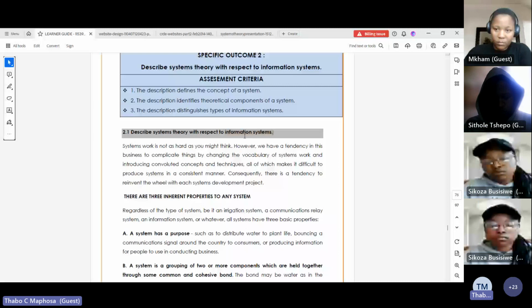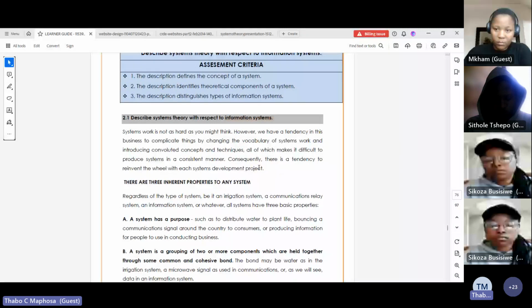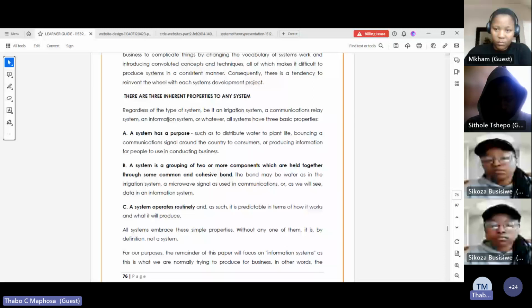Here they're saying that a system's work is not as hard as you think. However, we have a tendency to skip that. Then they're saying that there are 3 inherent properties to any system, and we know what a system is now.